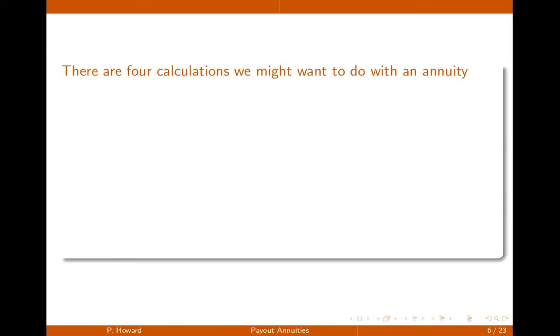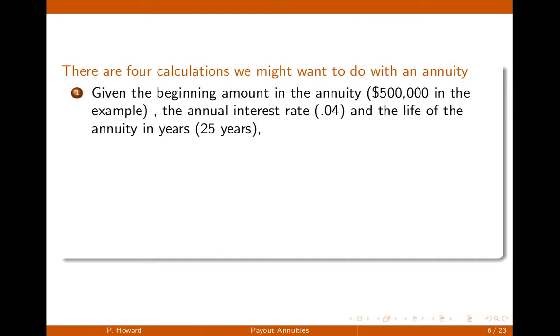There are 4 calculations that we will be doing with annuities. The first is, given the beginning amount, $500,000 in the example, and given the annual interest rate, and given the life of the annuity, we might want to find the monthly payment.